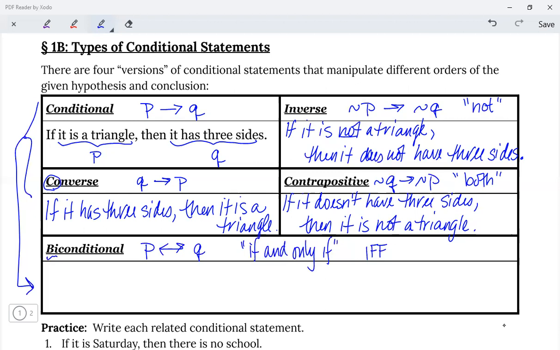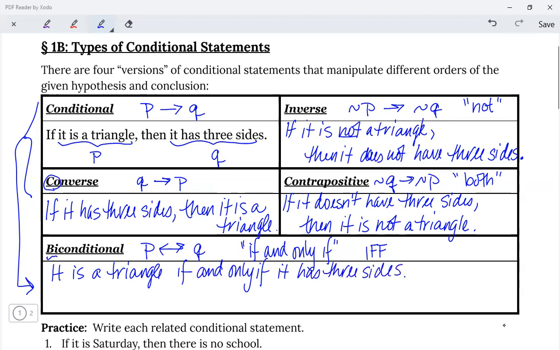So first version that we could use: a triangle if and only if it has 3 sides. So again, notice I haven't used if and then like we have in all the other related conditionals. We just substituted this if and only if right smack in between our 2 ideas.